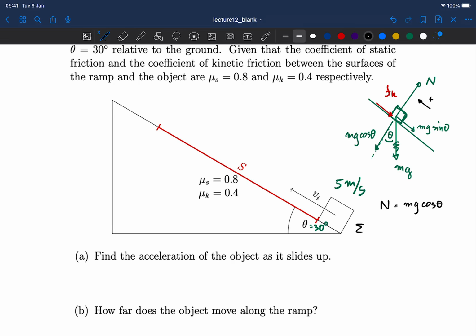So if you write sigma F equal to ma for the object in the direction along the incline, where going up is positive, then the forces will both be negative, right? Minus Fk minus mg sine equals ma.